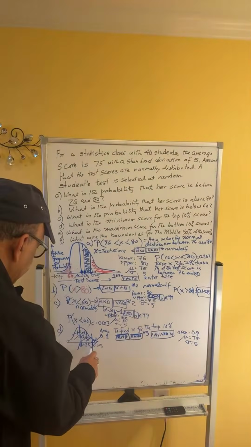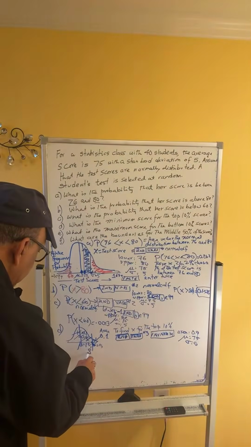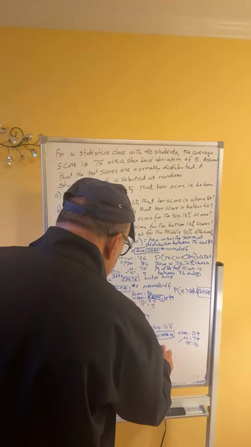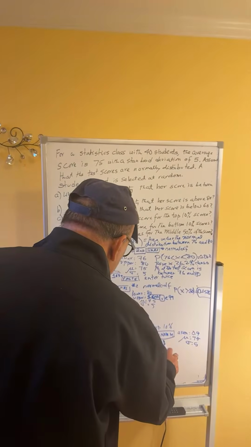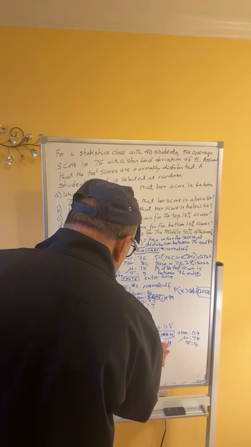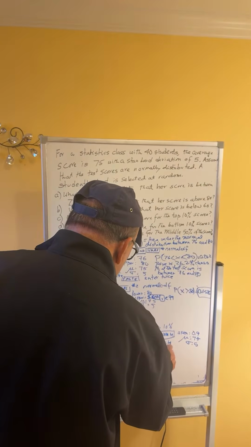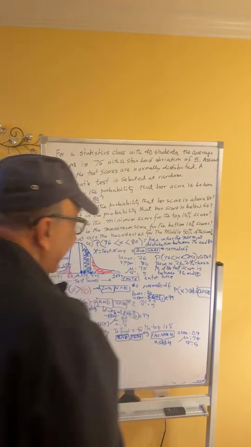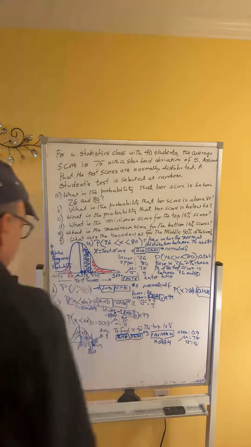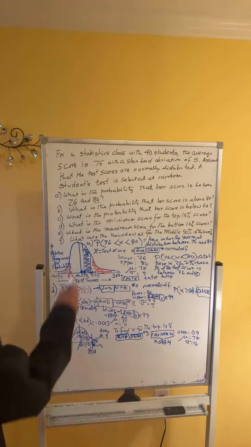So this x is 81.4. That is your answer. So anybody who scores above 81.4 is in the top 10%. Okay? That's for the top 10%.